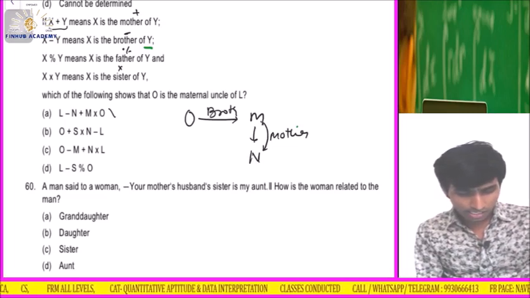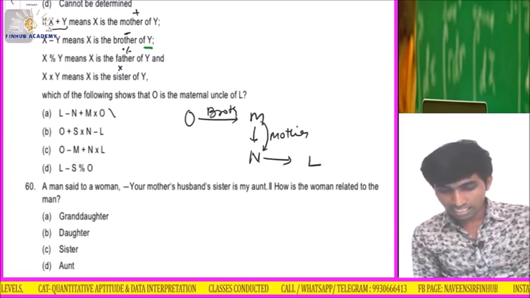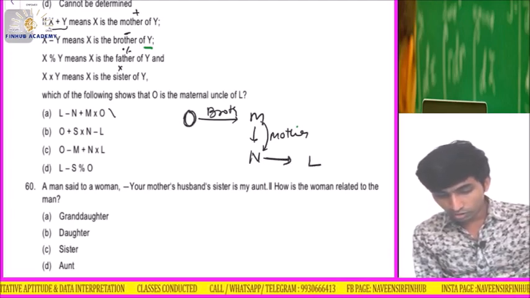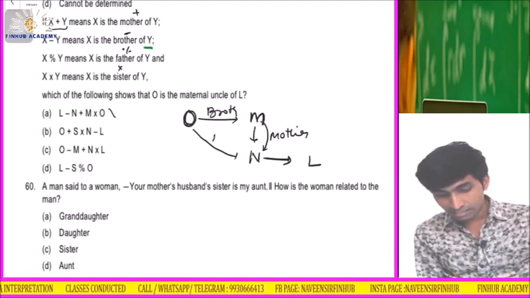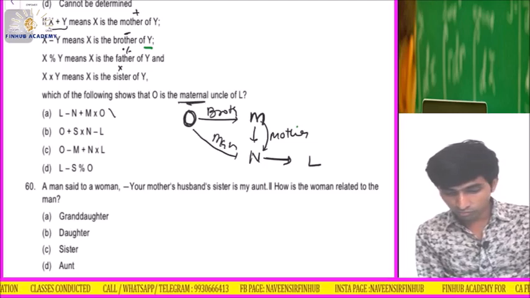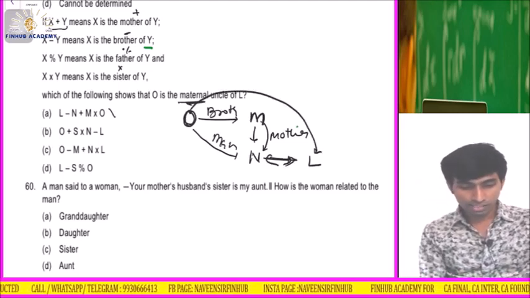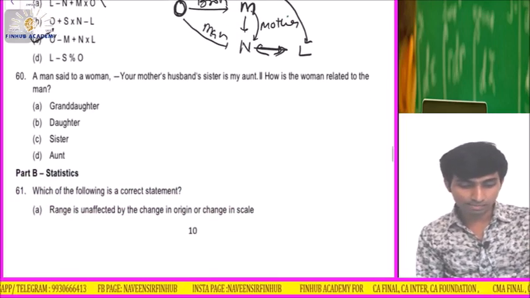N into L means N is sister of L. Understood? O is brother of M. That means for N, O is maternal uncle. That is what we wanted. So they are siblings, so O is maternal uncle of L. So option is C. You can try with D also, but I think C is the answer.